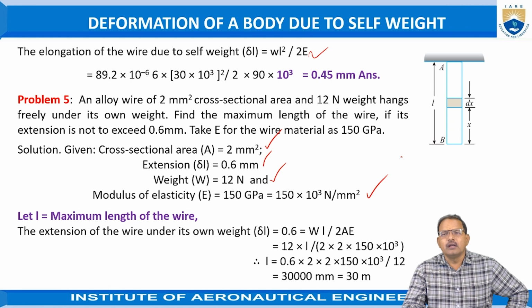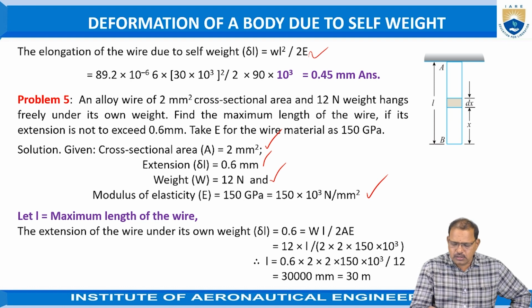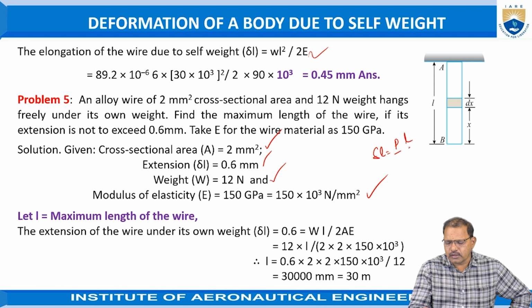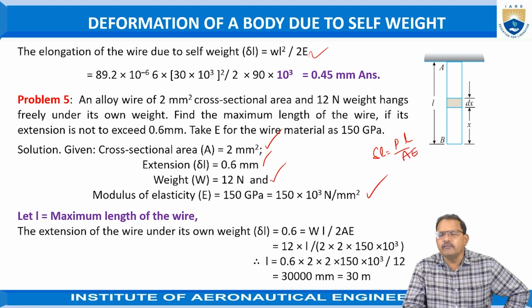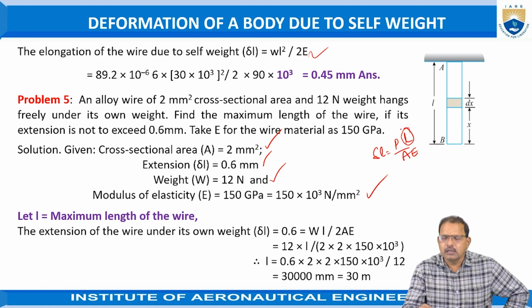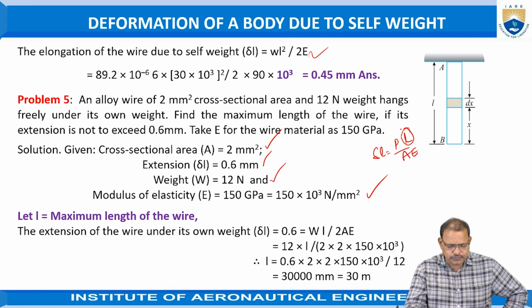Let L be the maximum length of the wire. So by using the relationship we got, delta L is equal to P into L divided by A into E. Here we have to determine the maximum length of the wire, that is L.